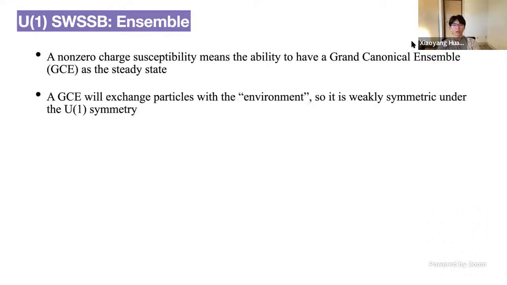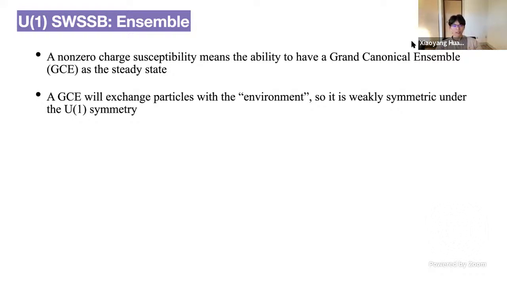Right. So as I mentioned, this non-zero charge susceptibility is the order parameter for strong-to-weak SSB. Another way to say this is that you have the ability to have the grand canonical ensemble as the steady state of your dynamics. A grand canonical ensemble is a state that, by definition, exchanges particles with the so-called environment.